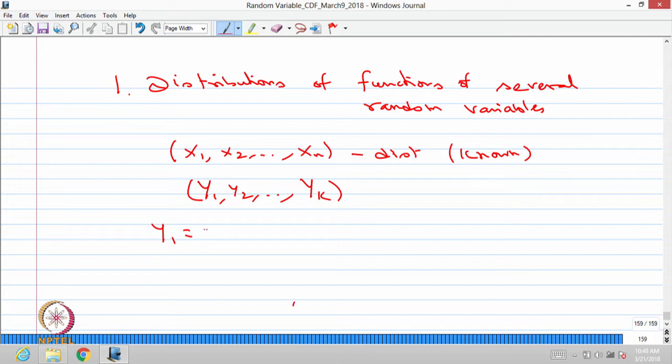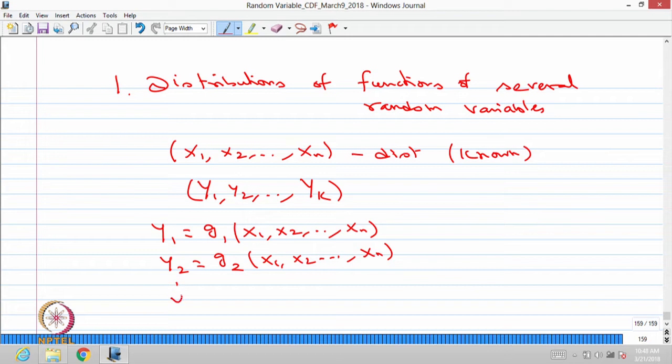That means y1 you can think of as a composite function of n random variables. Similarly, you can think of y2 as another random variable which is a function of the x1, x2, xn random variables.